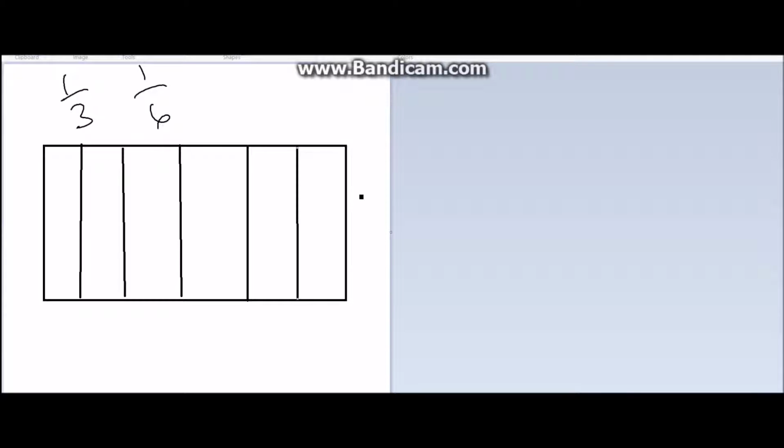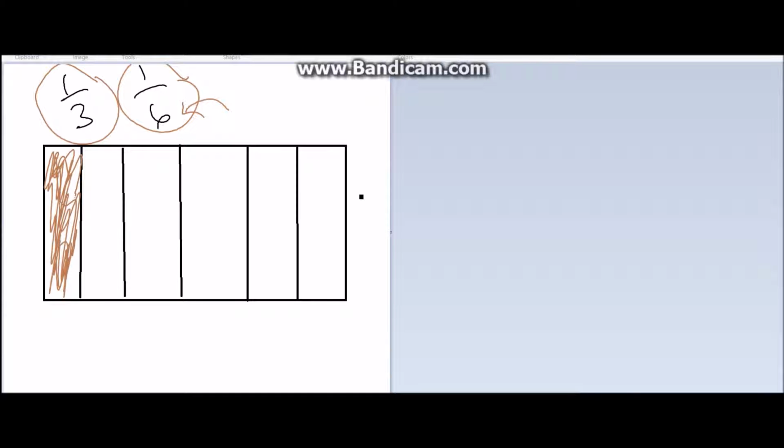So if we look at this, the first thing that's said is you give away a third of the brownies. We have split it up into 6 parts, so we don't necessarily have to do the third first. I'm actually going to do the sixth first because it's easier. So I'm going to fill in 1/6 of this.